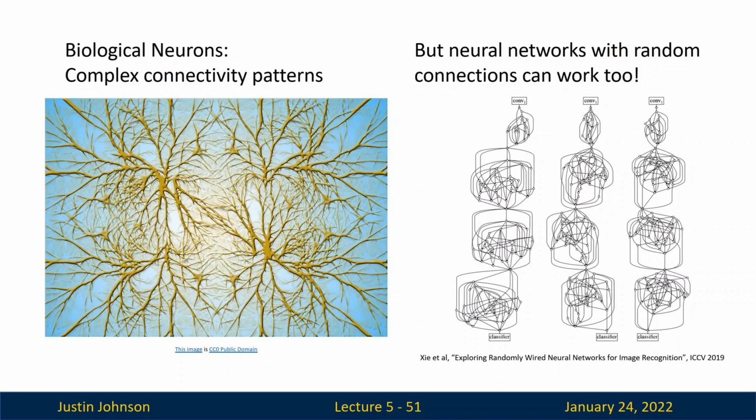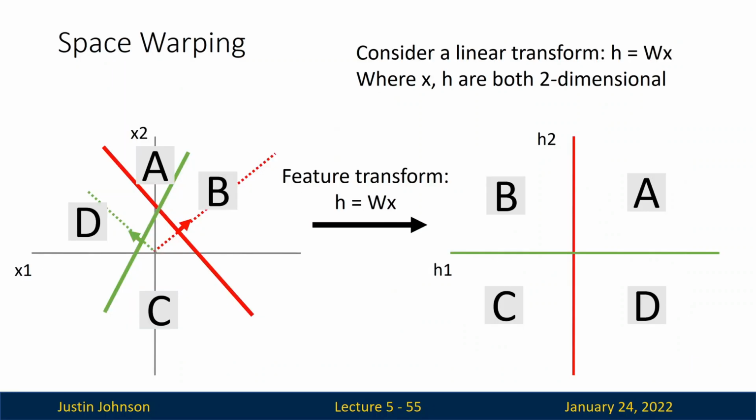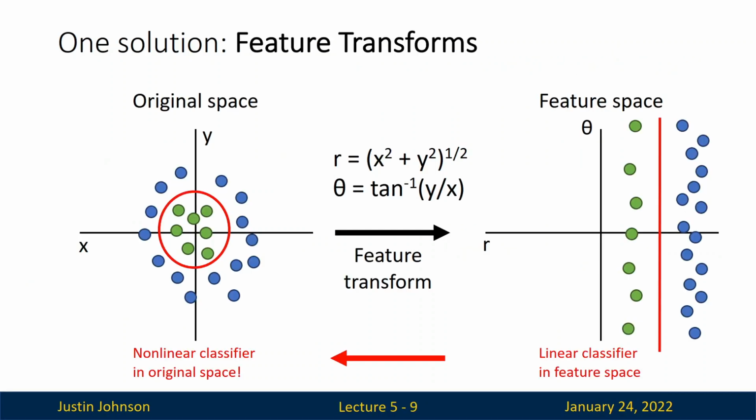All right. So let's talk about something important: why nonlinearity works for image classification. Remember the example of feature transform, like this one. We transform the feature.